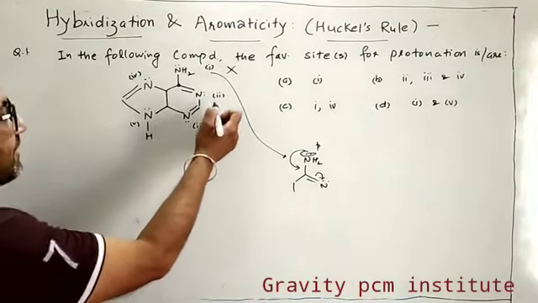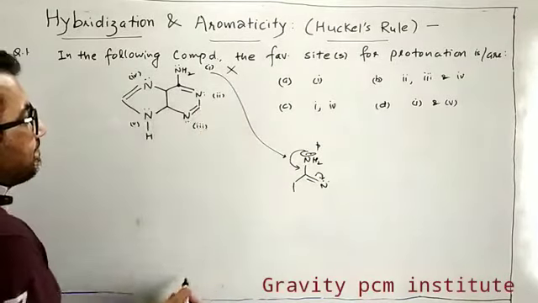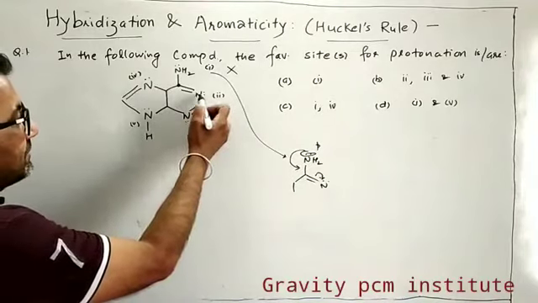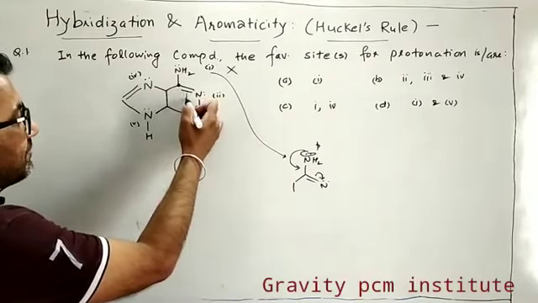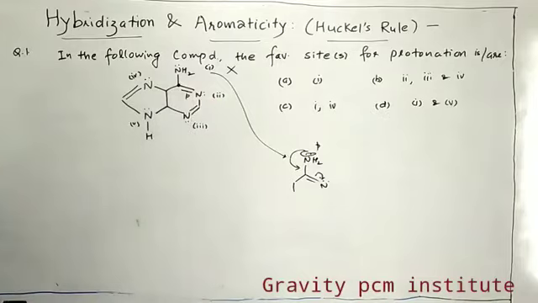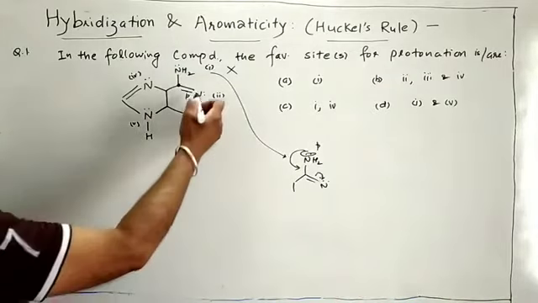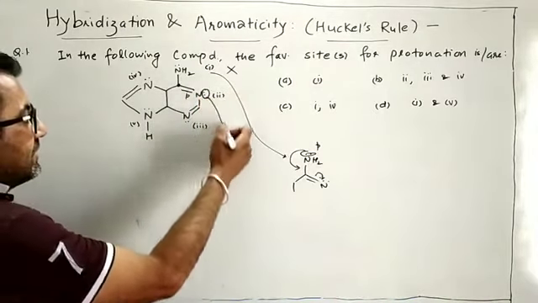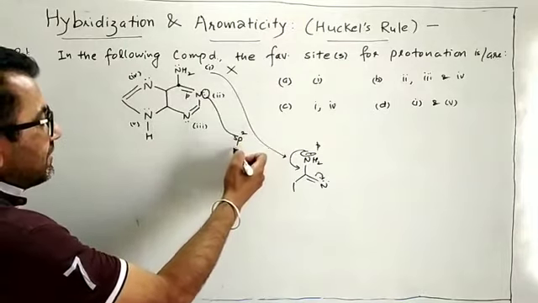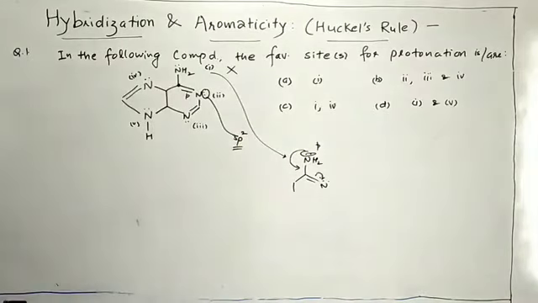Number 2. Now in case of number 2, we can see the nitrogen has already used its p orbital for the pi bond. It means this pair of electrons is present in an sp2 hybridized orbital and is not involved in resonance.